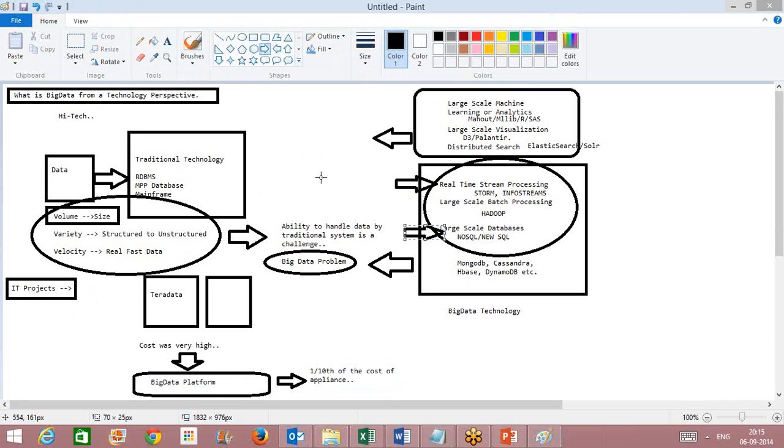Whether it is Hadoop, NoSQL, Storm, Palantir, Mahout, or Elasticsearch, that's one common thread which ties them all together. To solve a larger problem, you need to have the technology moving towards a distributed processing world. So that's the first thing.